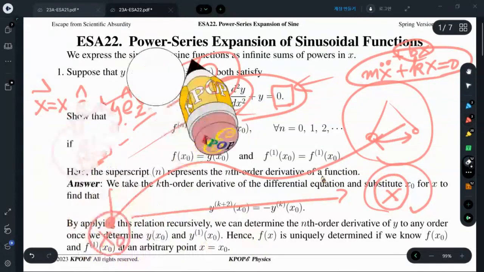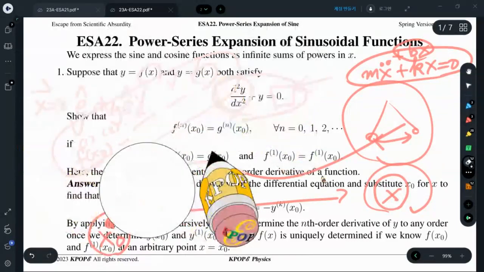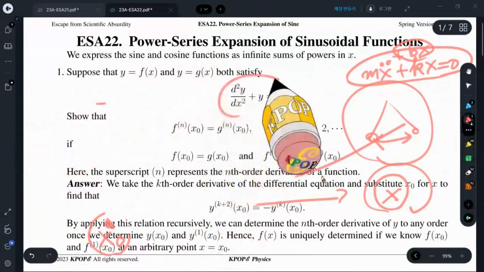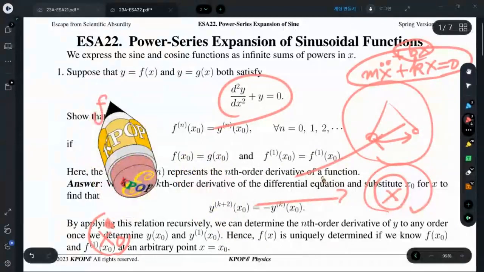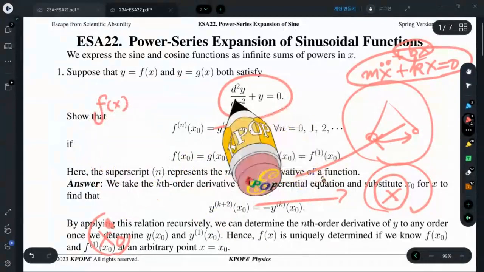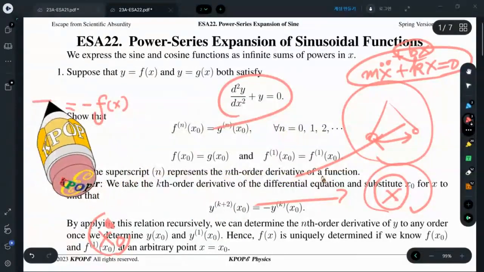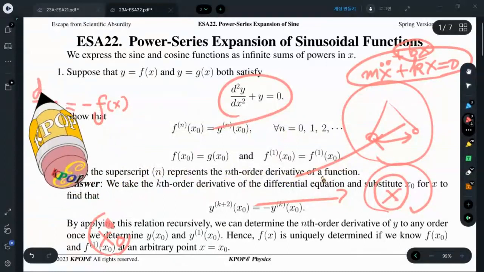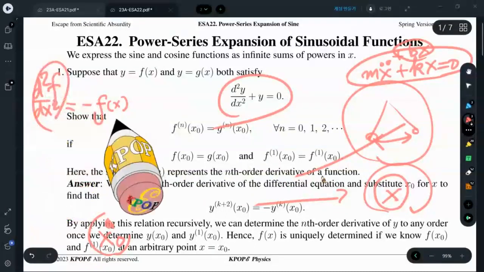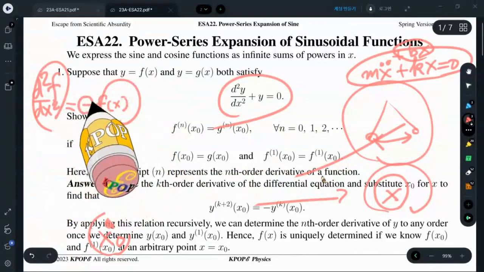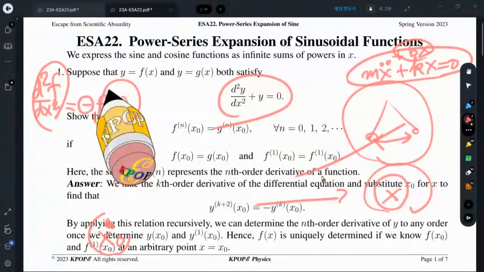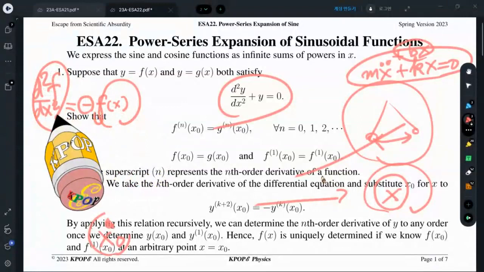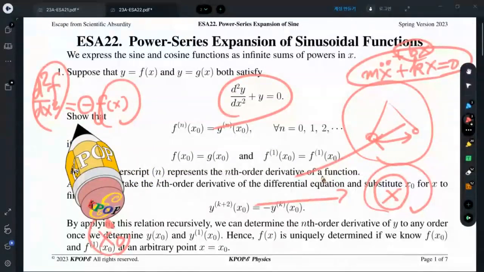Why? This is why. You have a function of x. The second order derivative of the function is just the function with a negative sign on it. So if you know the function, then your second order derivative is completely determined.